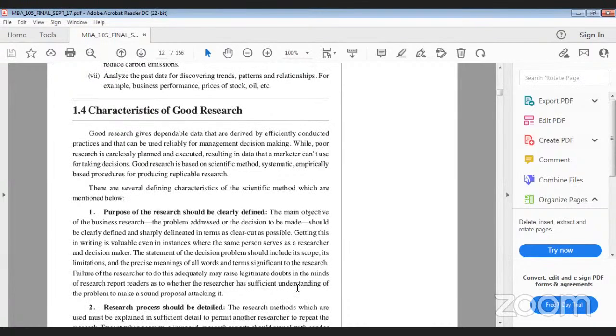The main objective of the business research, the problem addressed, or the decisions to be made should be clearly and sharply defined in terms as clear-cut as possible. Getting this in writing is invaluable even in instances where the same person serves as researcher and decision maker.